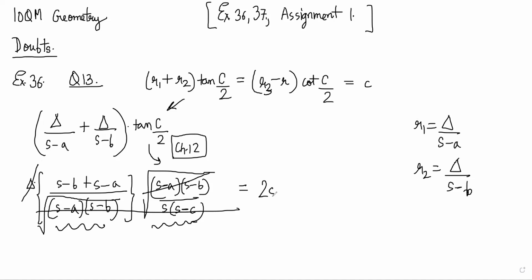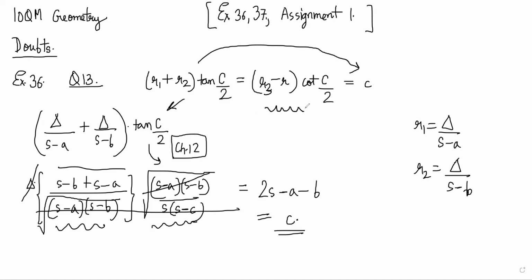And what you get is 2s minus a minus b, which is equal to c, right? Correct. We are able to prove this equality. You just have to apply the formulas, it works out, right? Yes.